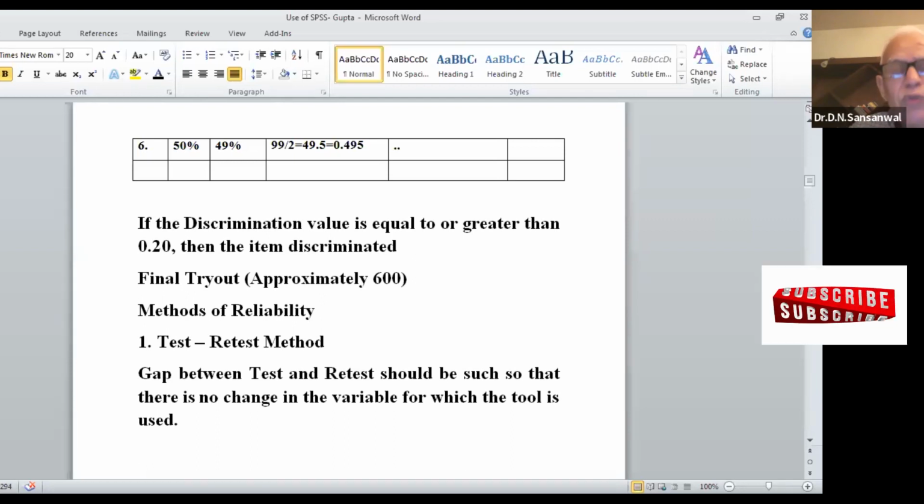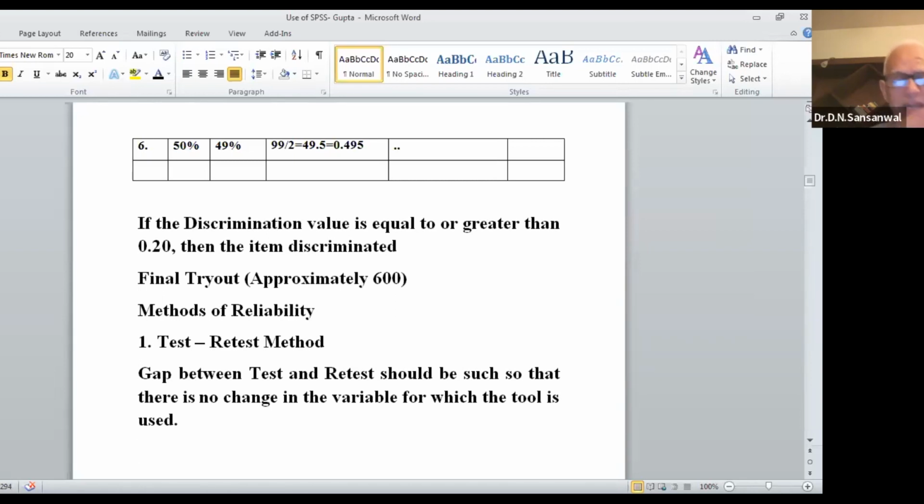So you have to decide the time gap between the test and the retest. And after that, you can have the scores of the test and the scores of the retest of the same people.